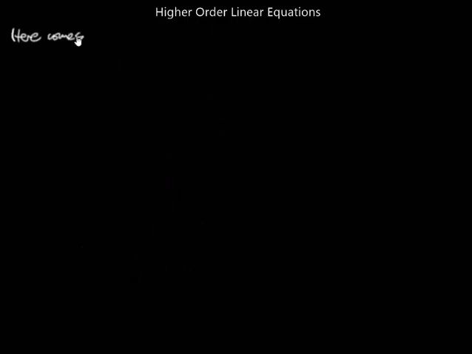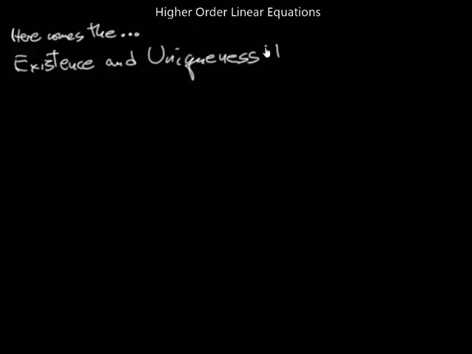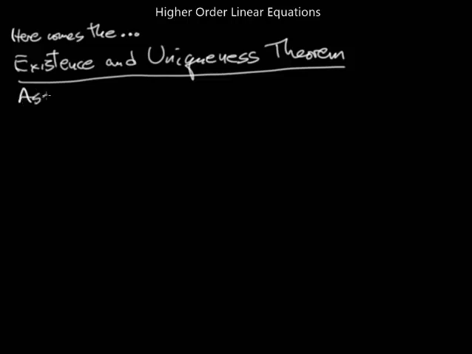Okay, you all know what comes next. Here comes the existence and uniqueness theorem. So anytime you're given a class of differential equations, you get some sort of theorem about existence and uniqueness of solutions. And linear equations are the nicest, so the theorems are particularly simple and strong.